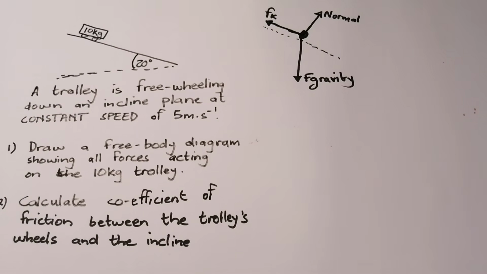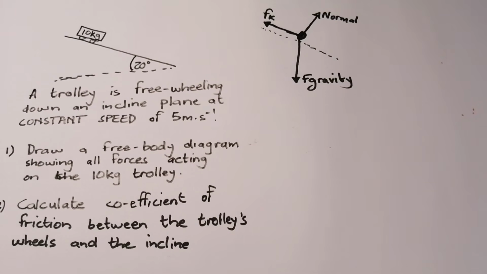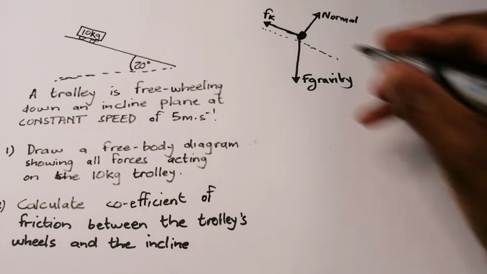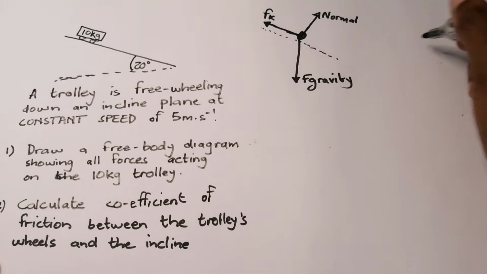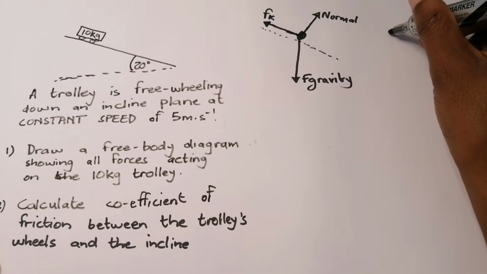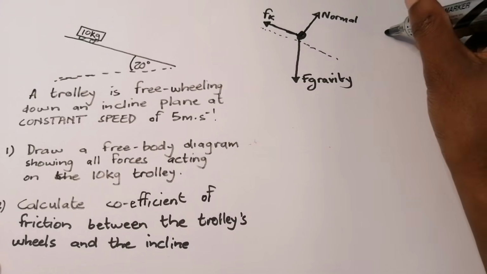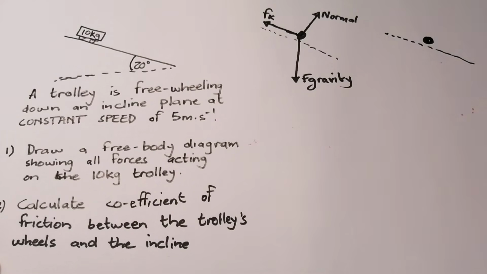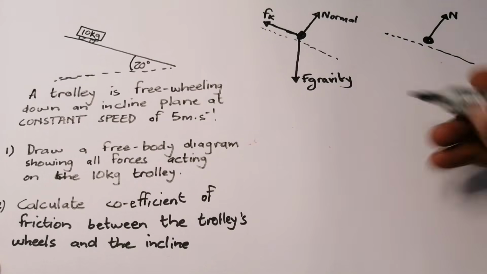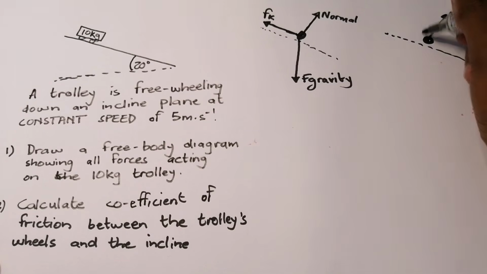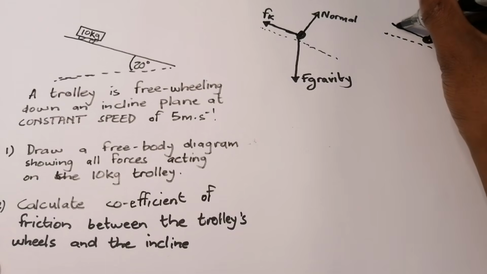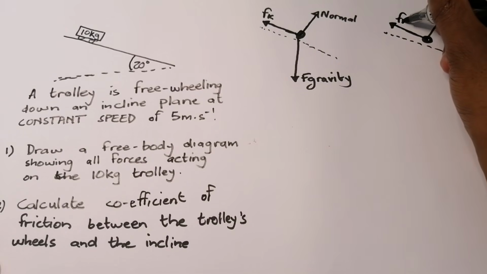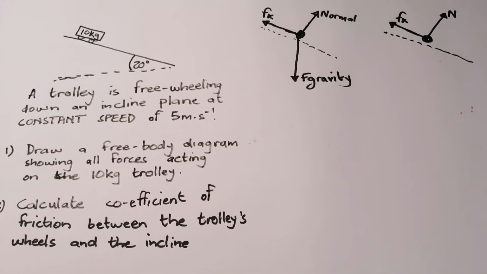But remember, ladies and gents, what did we say? We said all that I can simply do is just redraw this diagram such that I will now be able to include my normal force. So either one of the two, right? So my frictional force, but instead of having force of gravity, what am I going to do?